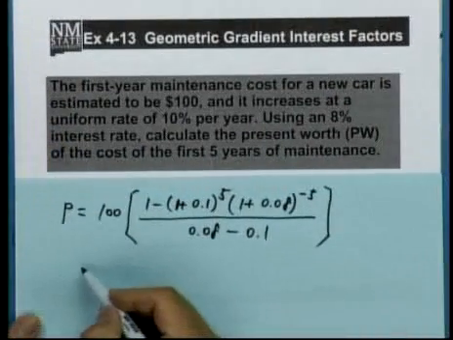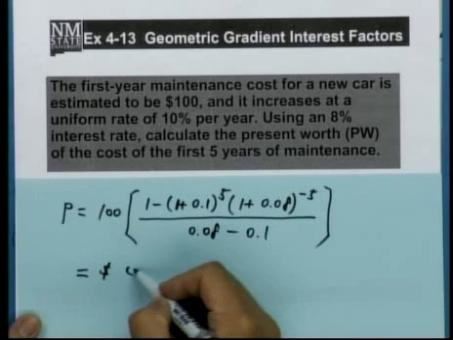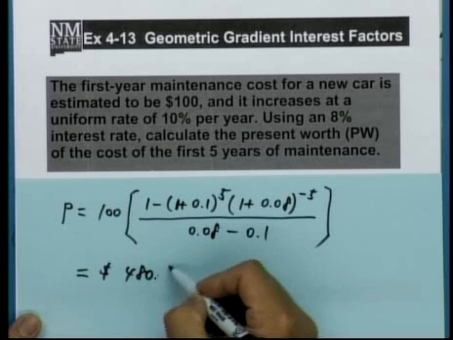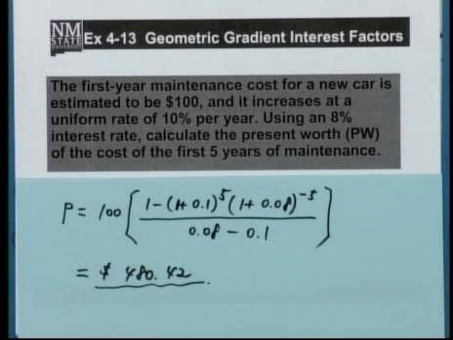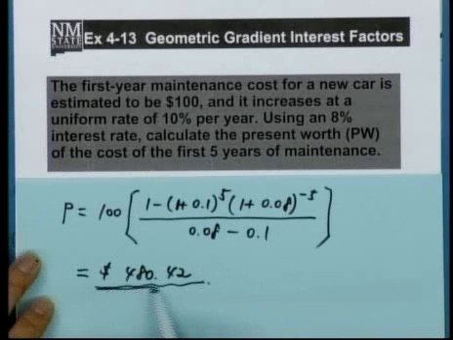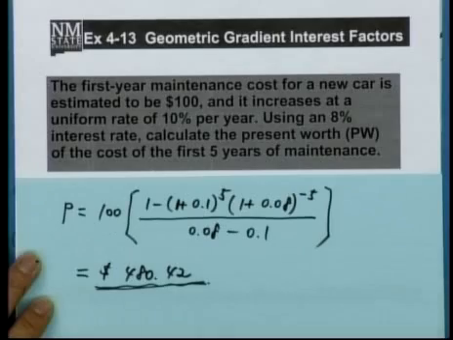And this value will be $480.42. Okay. So this is the present worth of the cost for the next 5 years of maintenance. Okay.